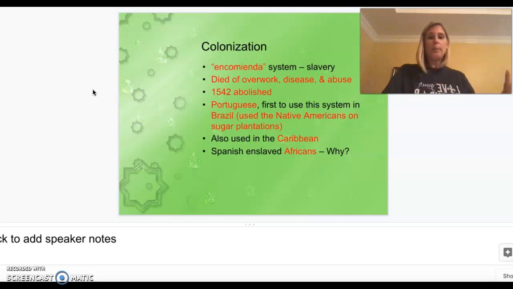Well, all of these sugar plantations start popping up everywhere, and the natives were used as slaves to help grow the sugar. So this encomienda system was first used by the Portuguese in Brazil. You need to know that the Portuguese also used this system in the Caribbean, because the Caribbean is also a perfect location to grow a large amount of sugar.